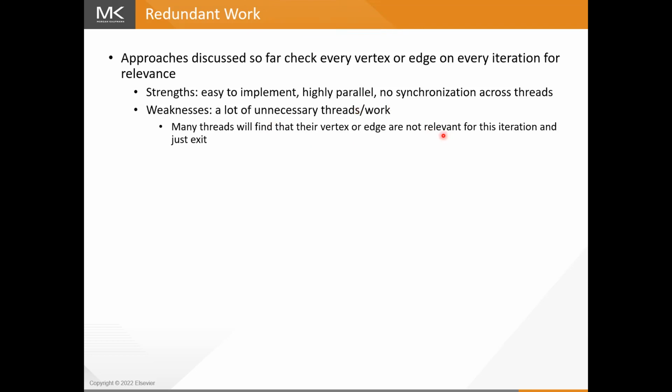To quantify this, let's consider a graph with n vertices and m edges, and look at how much work is performed by each of these approaches. First of all, if I had a sequential implementation that did the least amount of work, how many vertex visits and how many edge visits would I need to do the whole BFS computation?